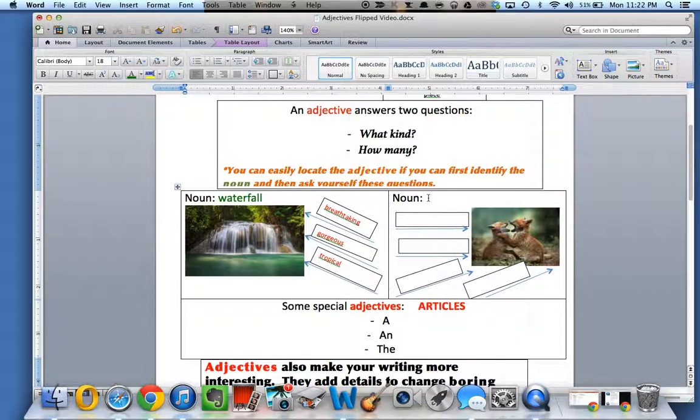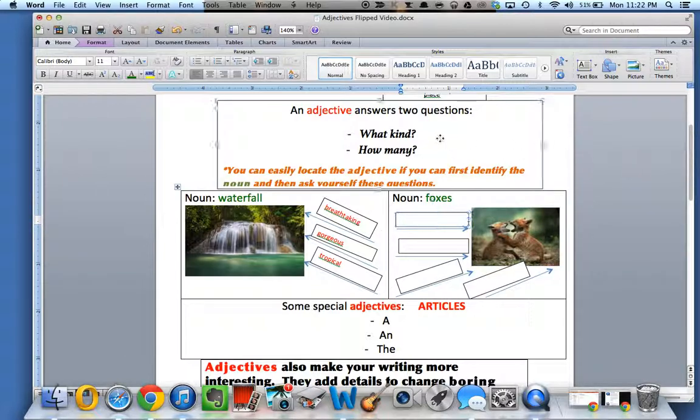Hopefully you would say that you see a picture of a fox, but there's more than one. So we learned the rule about changing that singular noun to a plural noun, and when it ends in an X, we need to add in ES. So this is a picture of foxes. And some words that now describe the foxes, that describe the noun.